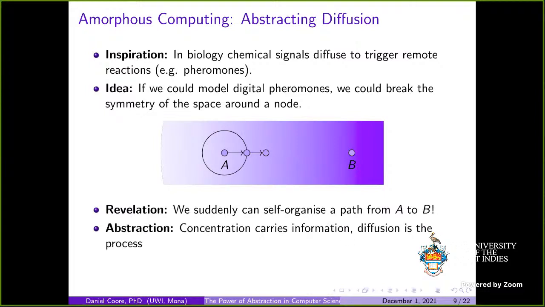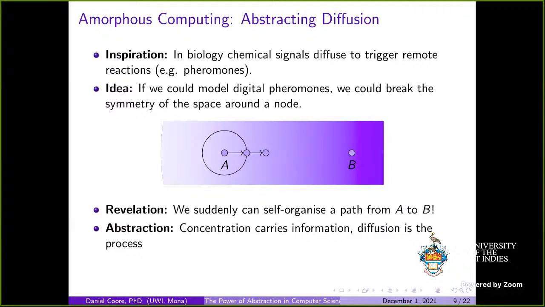Notice what happened here. We abstracted. We haven't even gotten a physical process here, but we were inspired by a physical process. And if we imagine that we could implement such a process, then that process would carry information. The concentration of this so-called virtual pheromone, if you want to call it that, would carry information, namely which direction its source lay in.